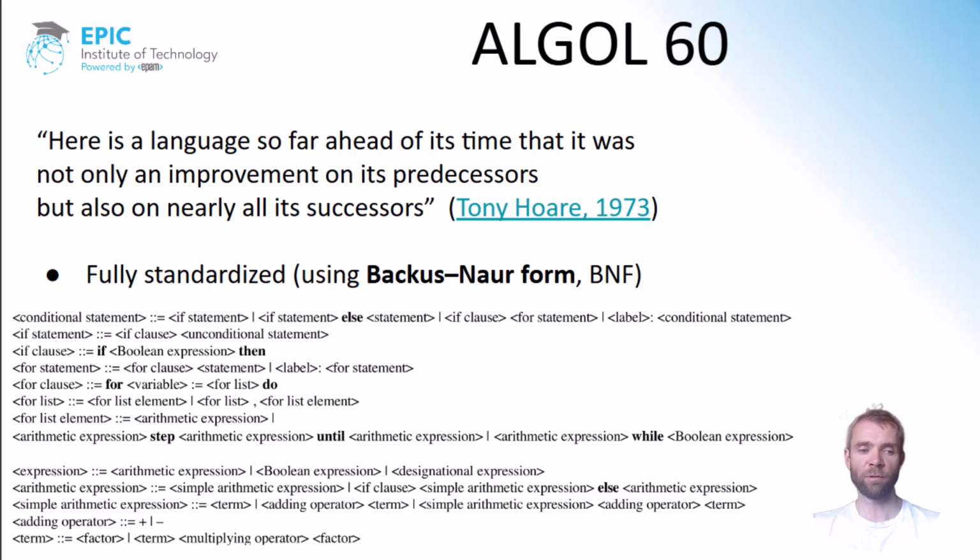So this form breaks down some syntactic structure of a language via other syntactic structures. So this is a way to recursively define what can constitute a valid program in a language. Here, this is just an excerpt of the whole language grammar. The whole description of the grammar using Backus-Naur form is much larger, but still quite graspable.